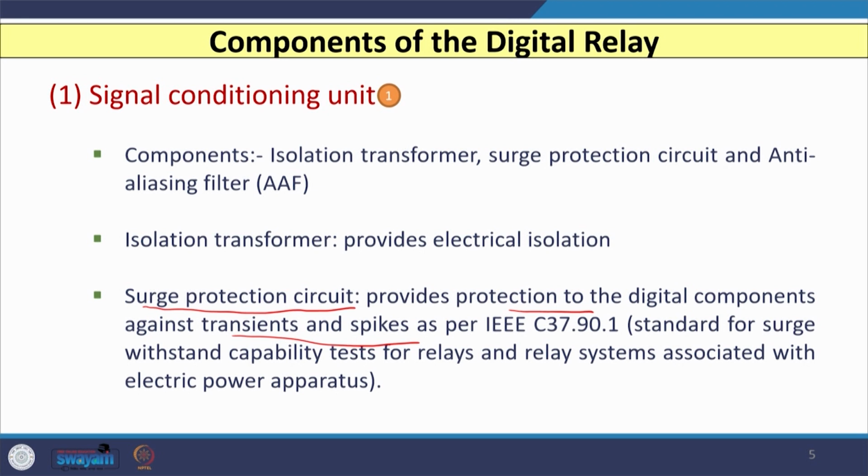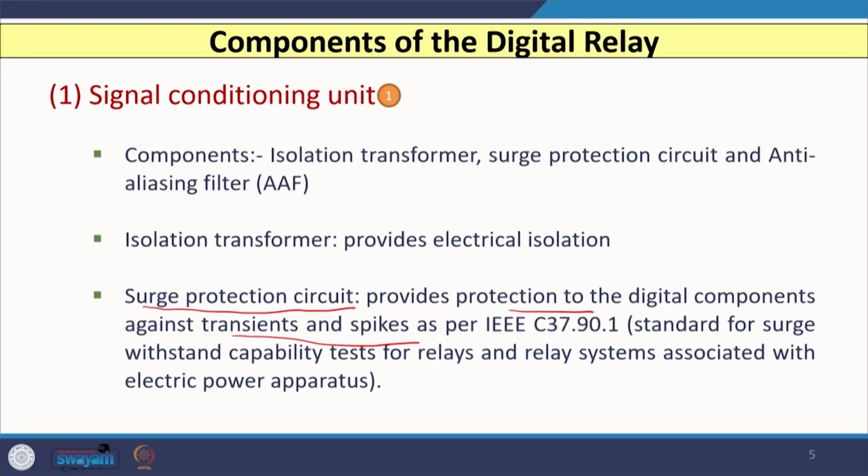We have discussed that transients and spikes are generated because of lightning surges and switching surges. Those surges travel through the transmission line, and whenever they reach the substation, lightning arresters are provided to bypass such surges. However, if any such surges still persist, they should not be transferred to the different components used in the digital relay, otherwise they may damage those components.